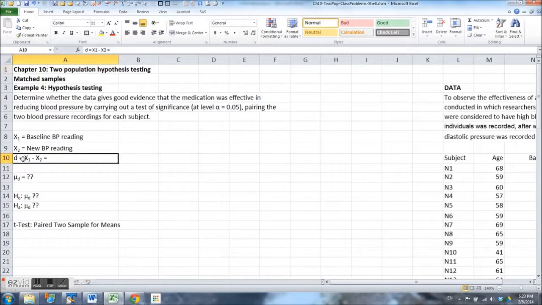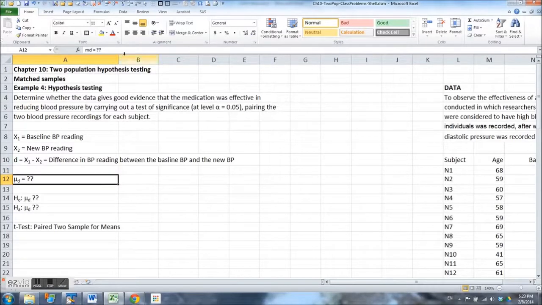So the difference D is defined as x sub 1 minus x sub 2. So that is the difference in BP reading between the baseline BP and the new BP.